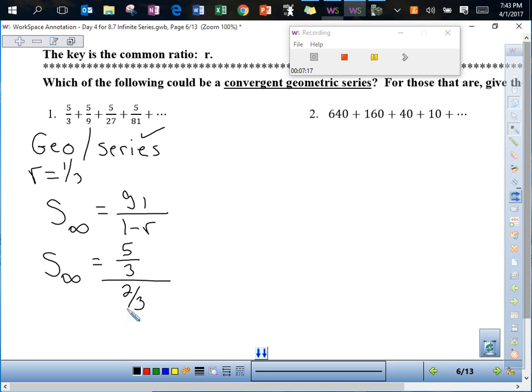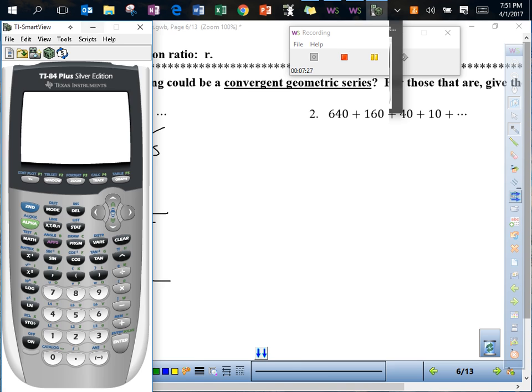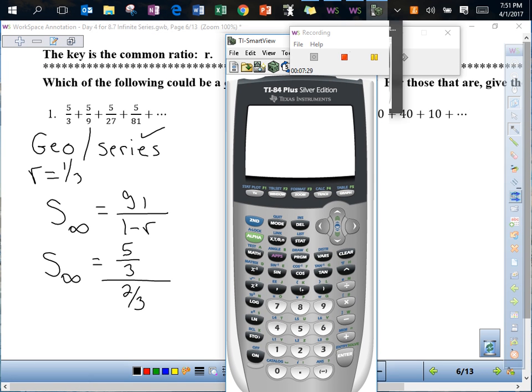You can run this through your calculator. And guys, just to remind you, if you're going to run that through your calculator, make sure you use parentheses properly. Meaning this, I'm going to go parenthesis 5 divided by 3, close parenthesis, divided by parenthesis 2 divided by 3.